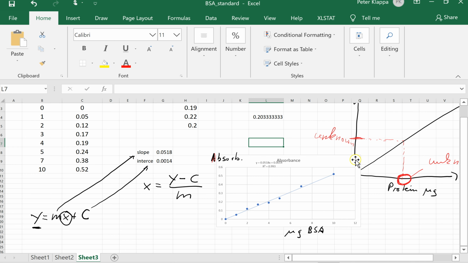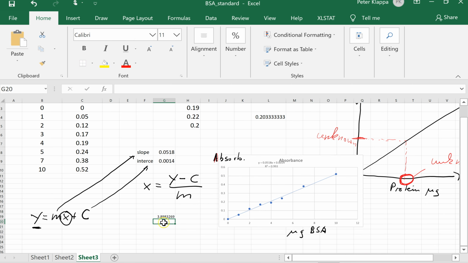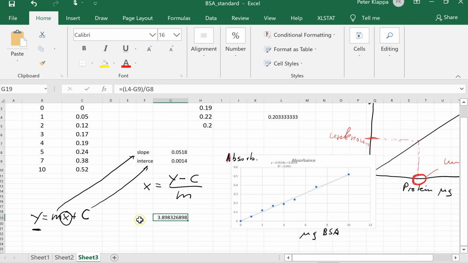So what we need to do is simply take our average and do the calculation. We take the mean of our samples minus the intercept, divided by the slope, and we get a protein concentration, our unknown concentration, of 3.